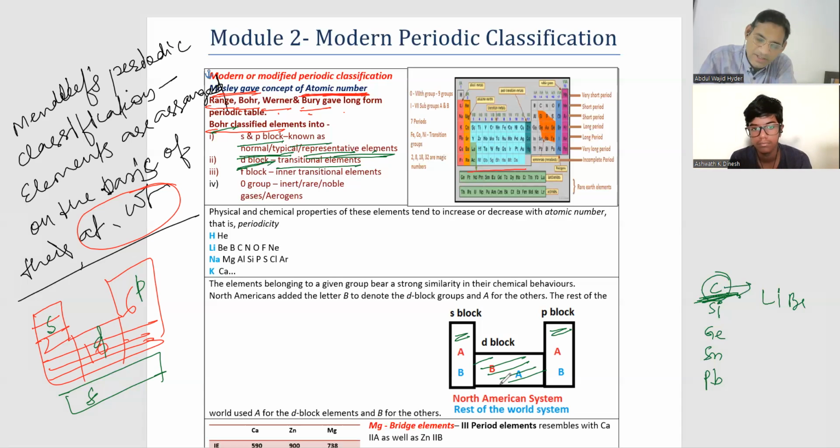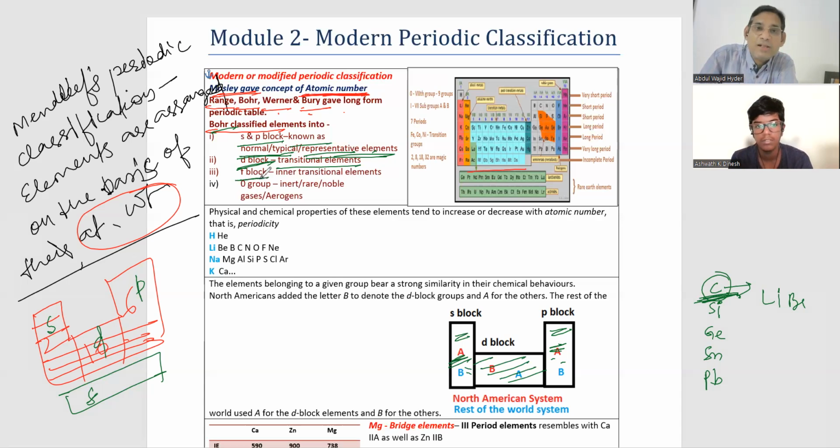These D block elements are there between highly electropositive and highly electronegative elements, between metals and non-metals. That is why they are called transitional. Many more reasons we will discuss in D block, and even in bonding.